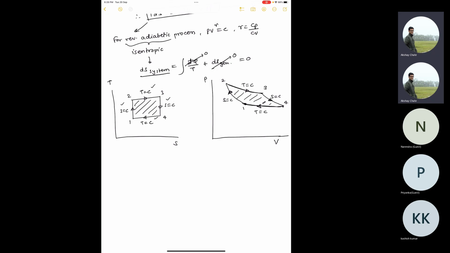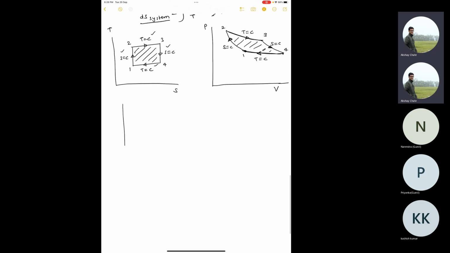Okay, so this is it. Now moving on. These plots you'll know, right? I'll just draw quickly because I don't want to take more time here. These were drawn by the professor also in the class. But you should also try to draw n equal to 0, n equal to plus minus infinity.